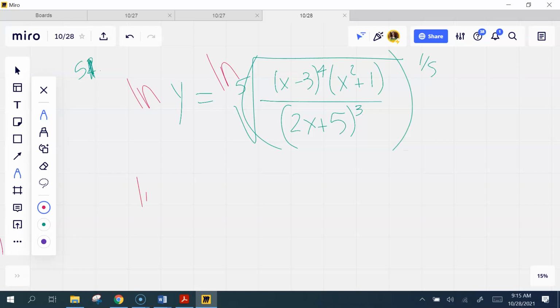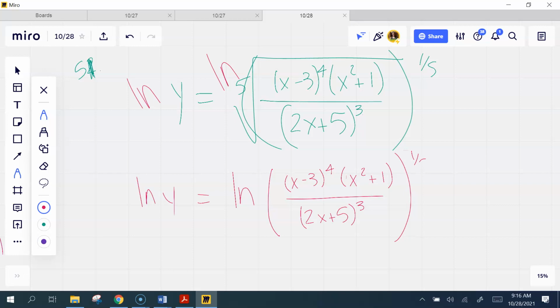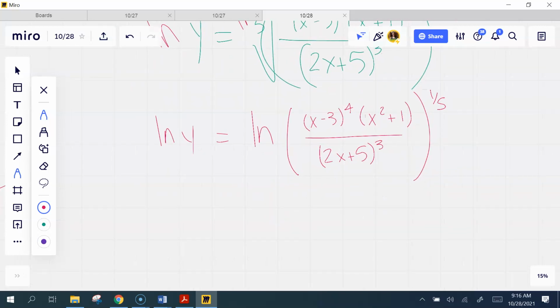So I have log y equals the log of x minus 3 to the 4, x squared plus 1, 2x plus 5 cubed, all to the 1/5. All right, let's bring this exponent around front first.